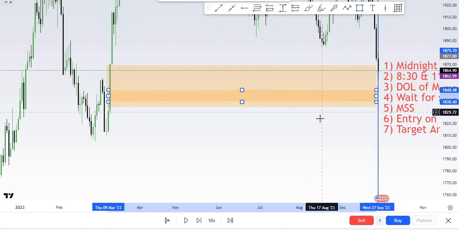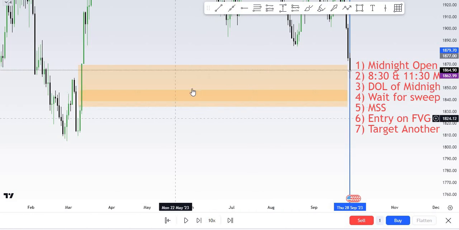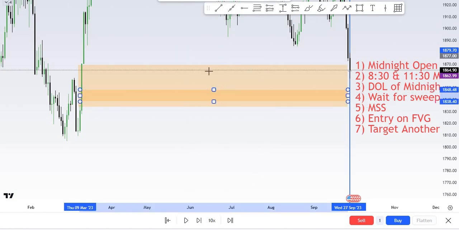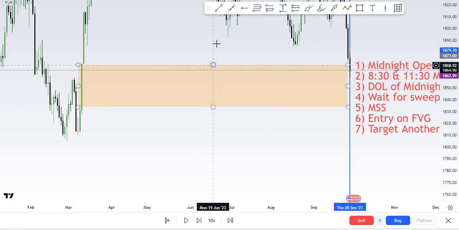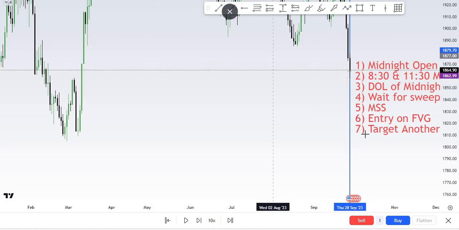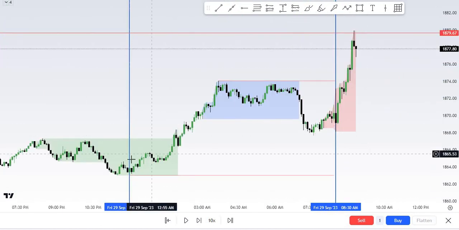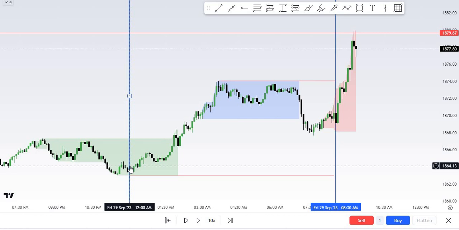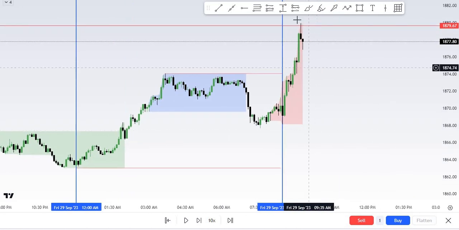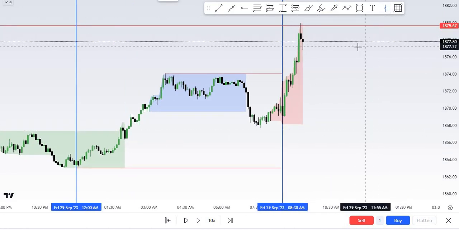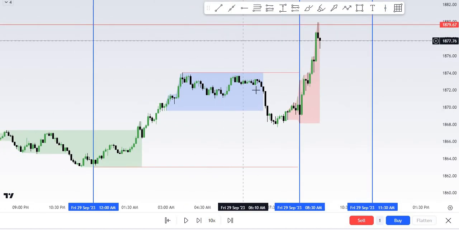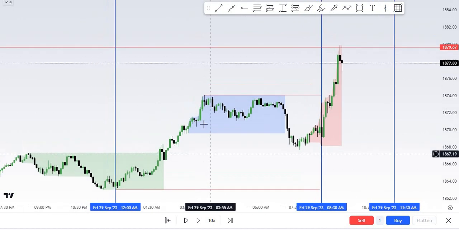So I targeted that one exactly, and the next day price moved more downside. So let me show you how I got that entry as well. On last Friday, 29 September, I marked out 12 a.m., 8:30, and 11:30. So I marked the high and low.